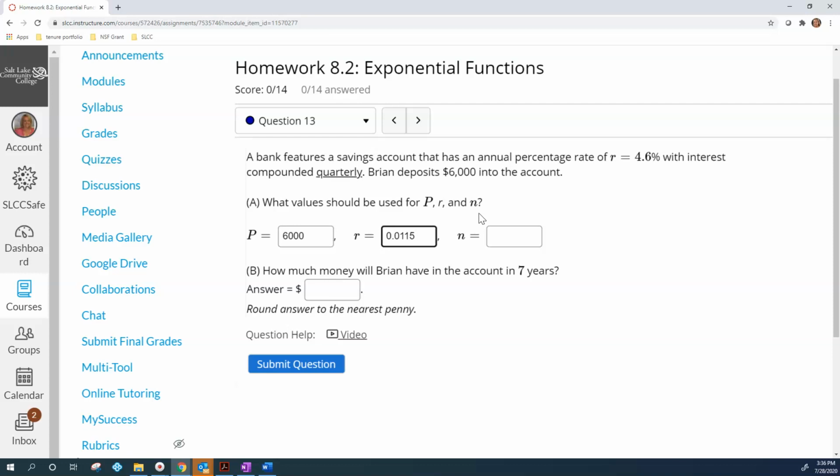And then N deals with the number of times that it's going to be compounded, right? And so that's, wait a minute. Is usually the number of times compounded.